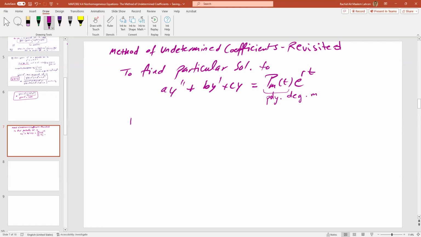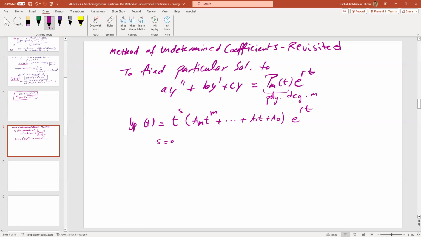Then we can use the form for the particular solution, t to the power s, times a polynomial built with these coefficients, but the degree is m. And this is what we did in undetermined coefficients.